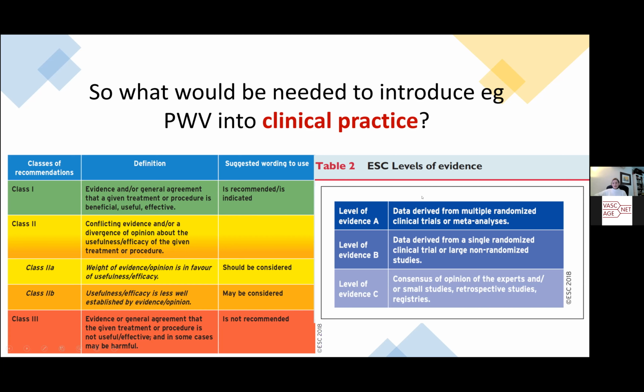On the other side, we also have the levels of evidence. There we have three levels, where level A is data derived from multiple randomized clinical trials or meta-analyses, going down to consensus or opinion, which is, of course, not a form of evidence.